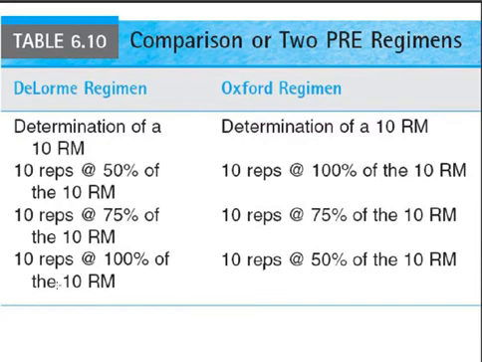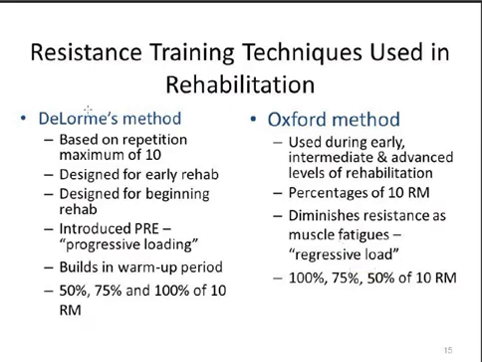This is a progressively increasing resistance regime, and this is a progressively decreasing resistance regime. Both are based on 10 RM. DeLorme is designed for early rehab, for the beginning of the rehab, and builds up a warm-up period. And this one diminishes resistance as the muscle fatigues. So this is regressive loading exercise.